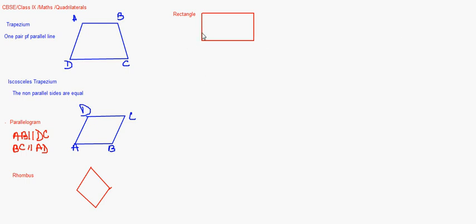If this is 90 degree and we first prove ABCD to be a parallelogram, that is AB is parallel to CD, BC is also parallel to AD, and only one angle in itself is 90, that makes ABCD a rectangle. Then we have square.